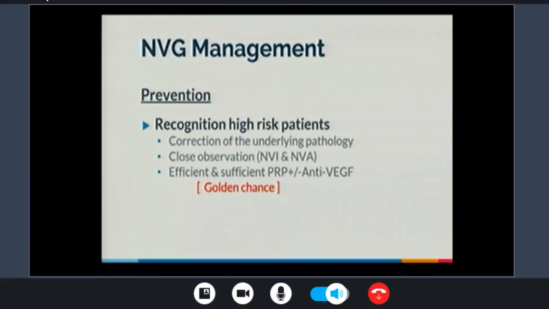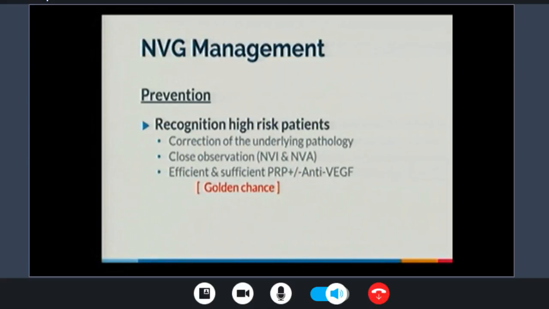I added this recently, but this is what we were doing. Efficient and sufficient retinal photocoagulation, to really barbecue the retina, sacrificing most of the retina to preserve the central retina. This is the only way to preserve vision, as well as to prevent the development of neovascular glaucoma if the patient does not already have the disease.